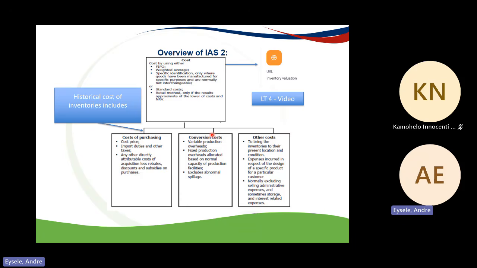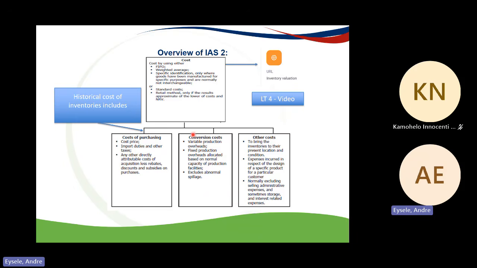But then, colleagues, what does conversion cost consist of? Now we are talking about the frames running on the conveyor belts. Those we are talking about as variable production overheads. There is electricity on the conveyor belts, and the wages of the people putting all these frames together.